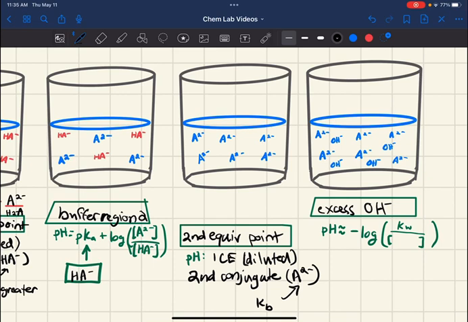So the pH we will determine based on, we can take the Kw and divide by the hydroxide concentration. I'm going to say diluted and reacted, because remember, a significant chunk of the hydroxide we've added has reacted with acid.